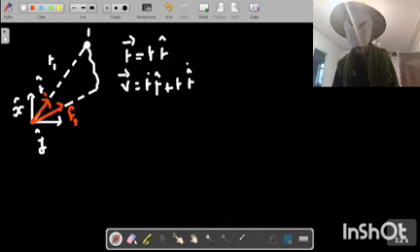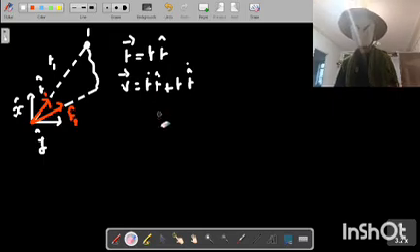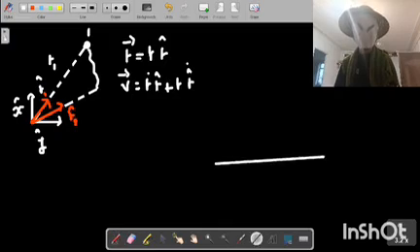Let me make it a bit prettier. Okay. Now this part is very obvious, but what about this part? Now this part, you need to use some logic. I'll give you the logic behind it.